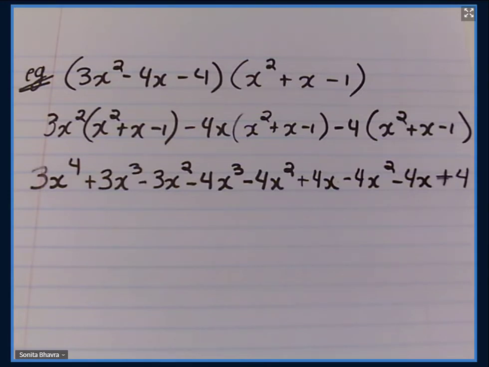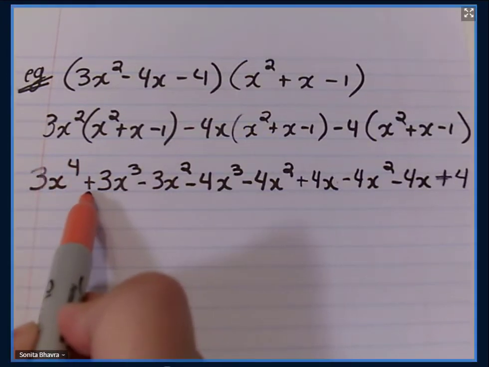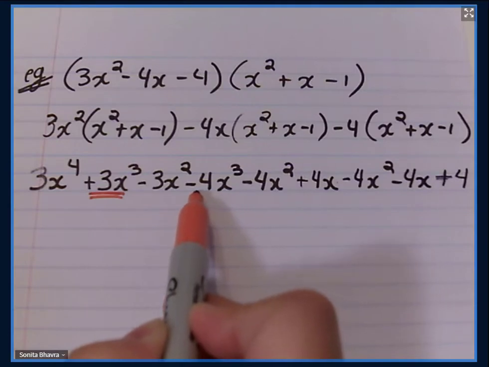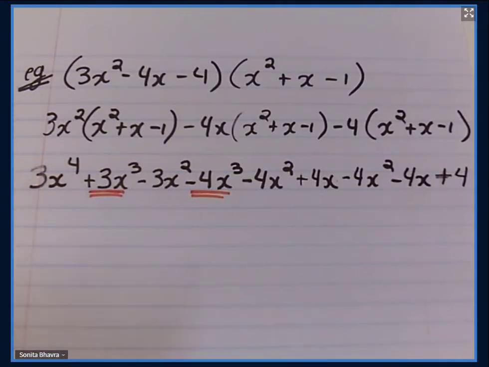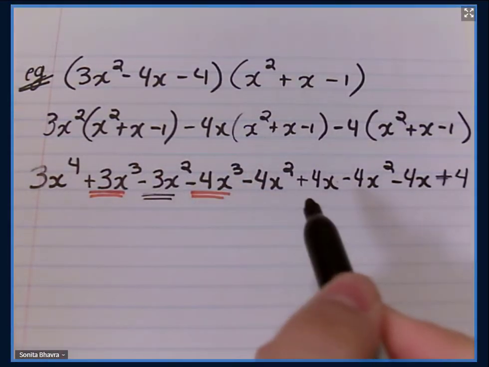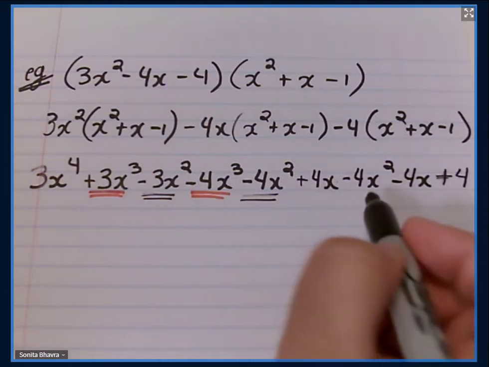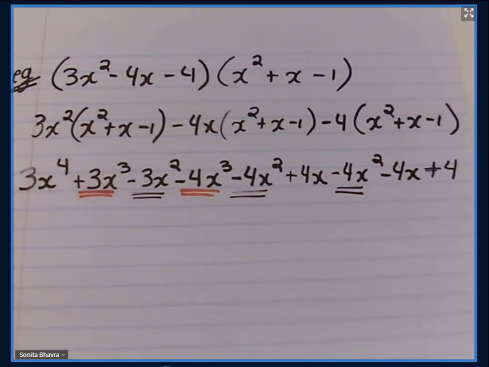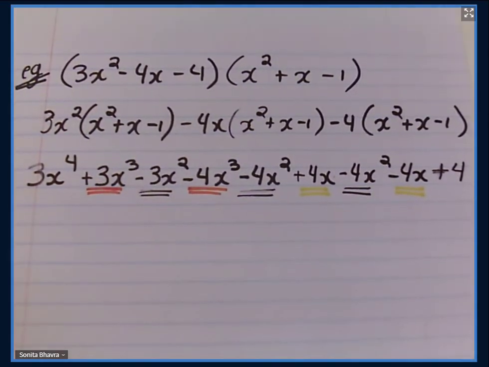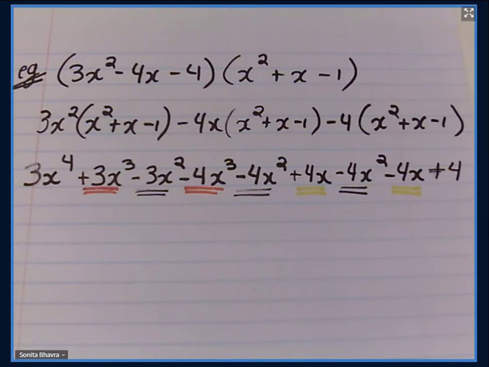So we have 3x cubed and negative 4x cubed that we would collect together. And we have negative 3x squared, a negative 4x squared, and negative 4x squared. And we have a positive 4x and then a negative 4x. All right, so let's collect that together.